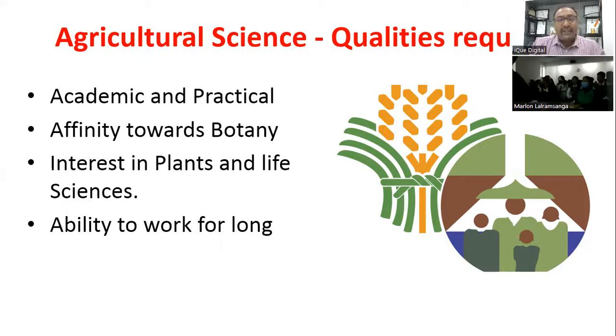Your interest should be in plants and life sciences, and your personality should be one where you can initially work hard on your academics and then in due course work hard in physical format when you are working in the field. If you fit into these qualities, agricultural sciences could be a very good option for you.